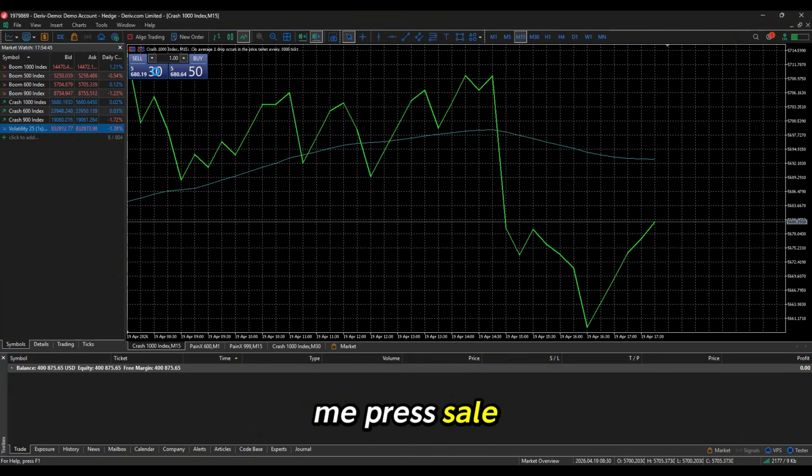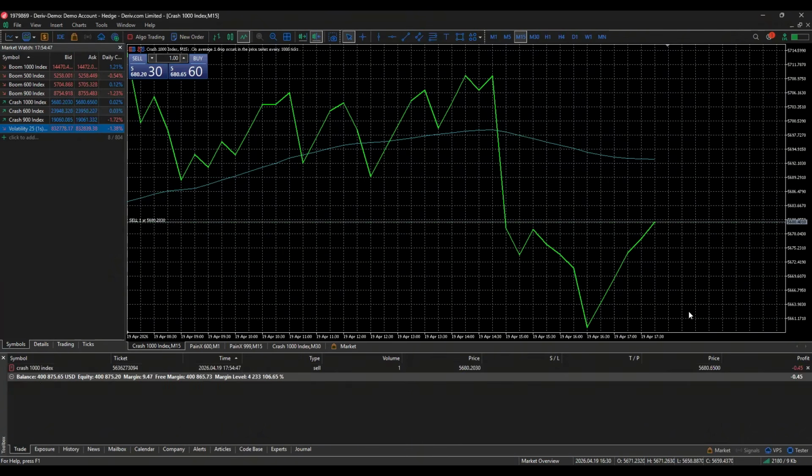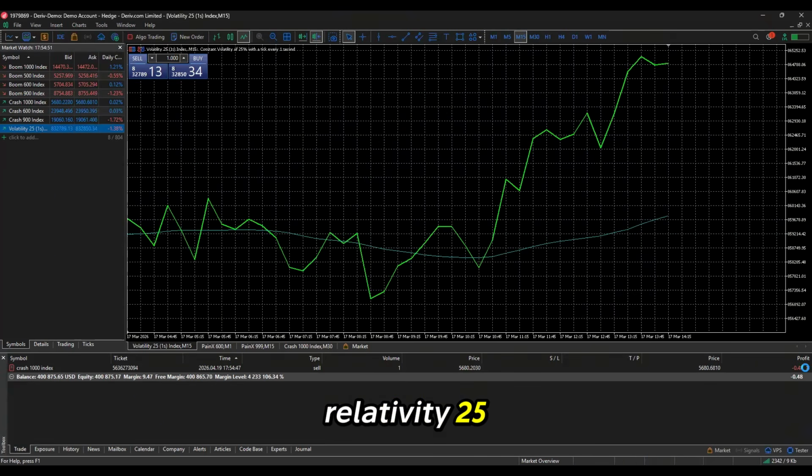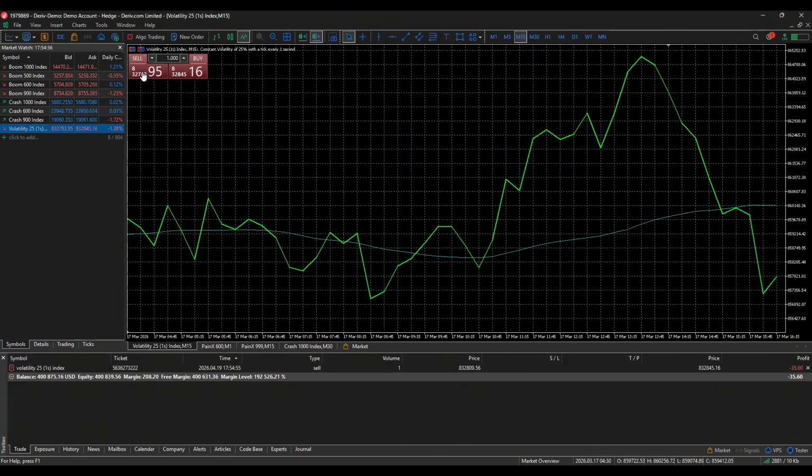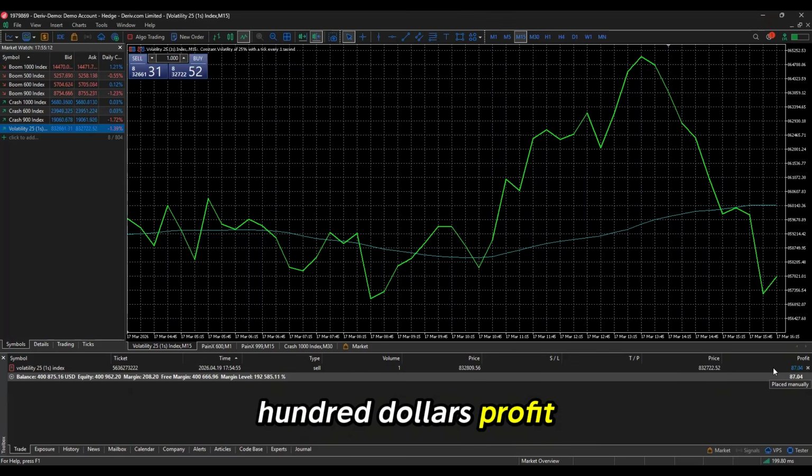Let me press sell. Sorry, I want to open volatility 25. Let's say I open with one lot. You see that it started with a loss of $48. Now it's on $40 profit, $35 profit, $25 profit, $10, $41 loss, $50 loss. You see how fast moving it is. Now it's on $100 profit.